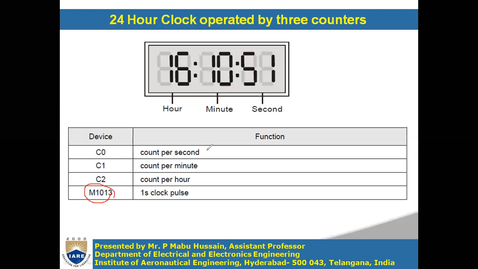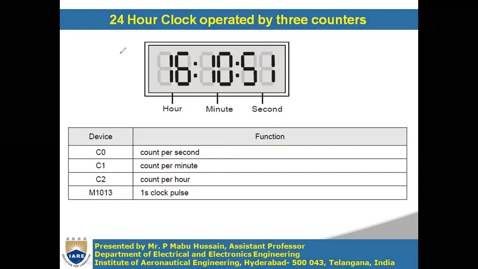Like that, it will increment up to 60 seconds. After 60 seconds has been reached, C1 has to increment its value by 1, and C0 has to reset. In a similar manner, C1 also will count the minutes up to 60. After 60 minutes, it will increment the hour counter by 1, and it will reset again to 0.